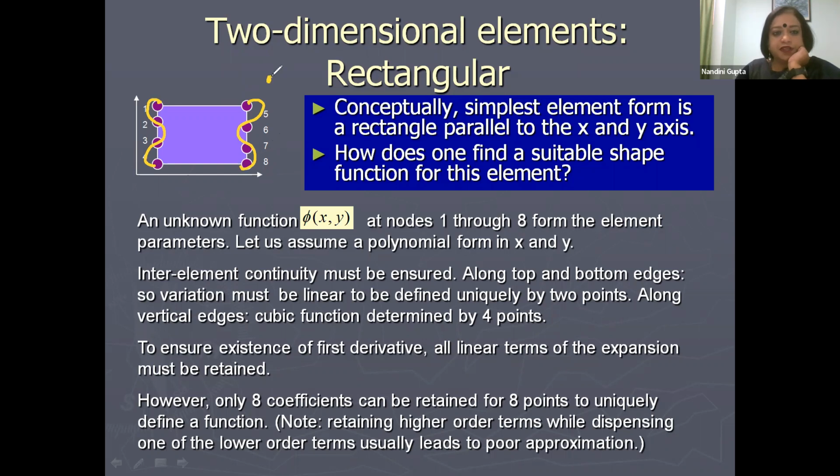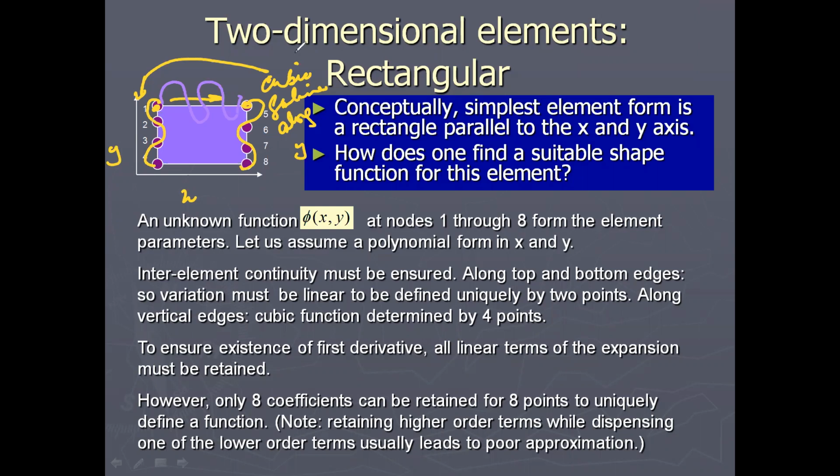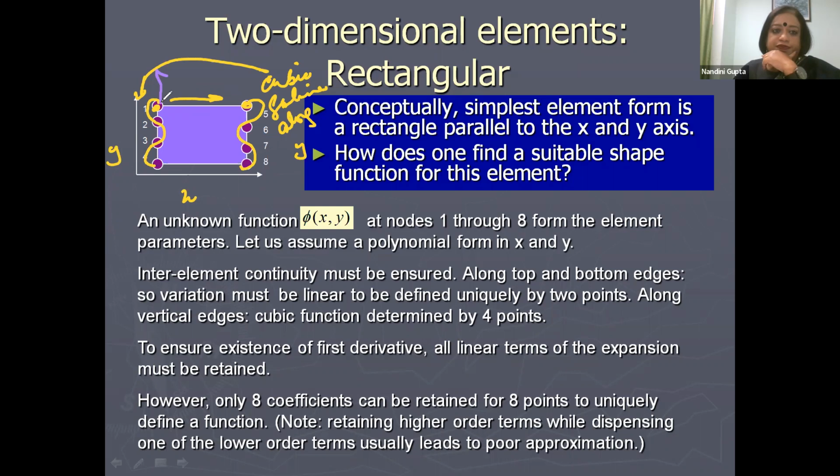So 4 points means it must be a cubic spline along Y. But along the X direction, you have only 2 points. What kind of function can you uniquely define by 2 points? I can think of something like this, but would it be unique? Linear. You can only define a linear function uniquely.